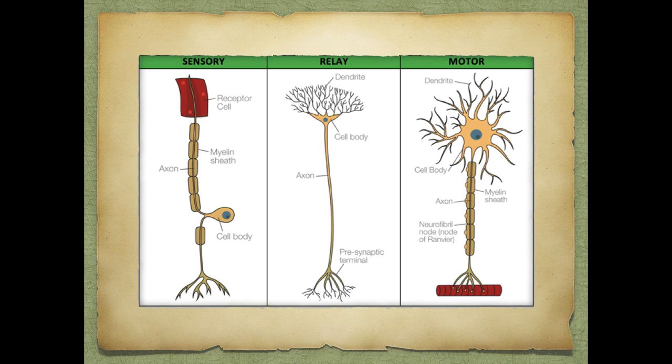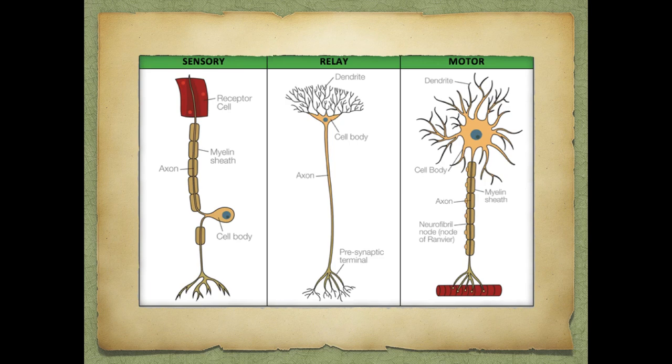If the relay neuron is not in the brain, it will also pass the information to the brain. The motor neuron is the neuron that always connects to an effector. It receives the information from the relay neuron and passes it down to an effector, which is normally in your muscles, and then your muscles react accordingly.